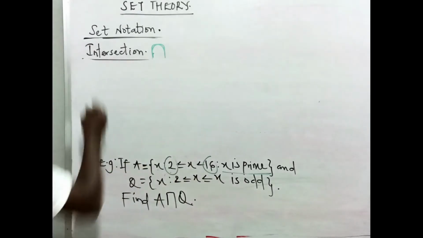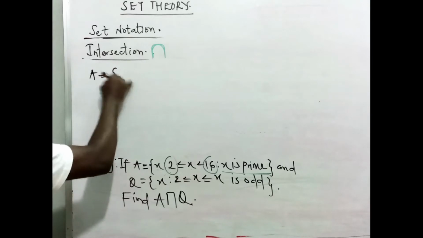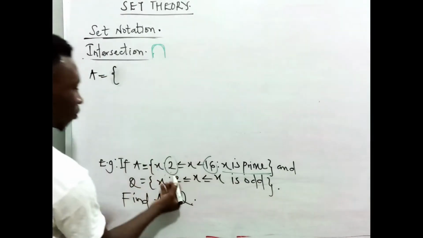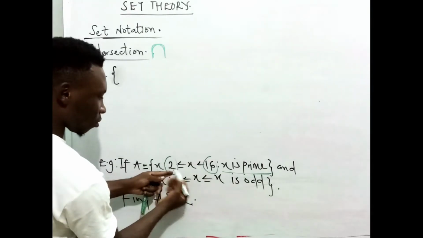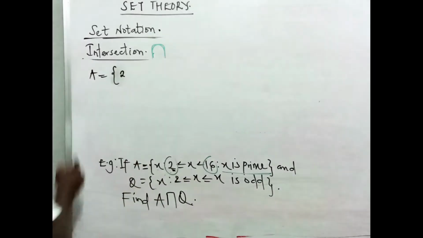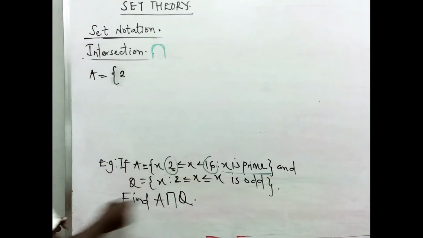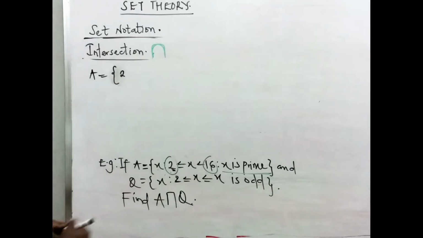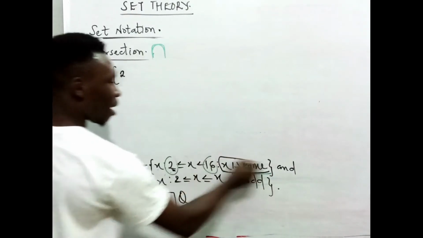So this interpretation here means that A is equal to {x : 2 ≤ x < 16, x is prime}. Prime here means something.